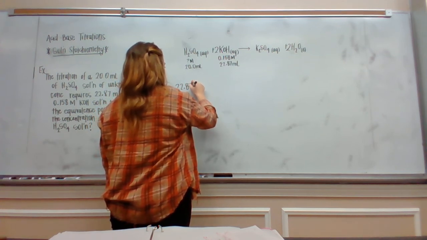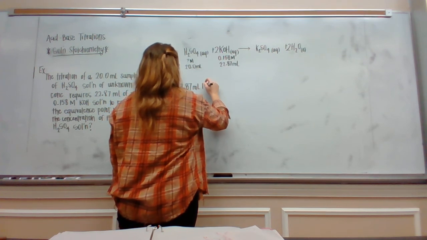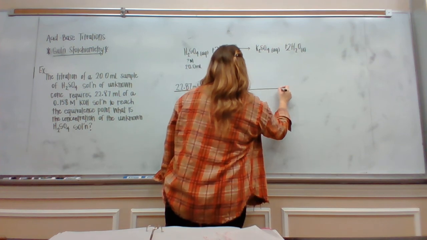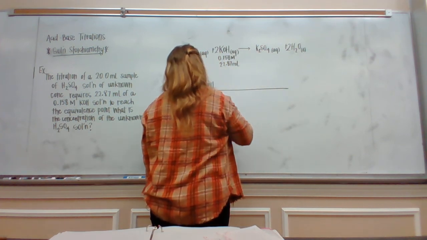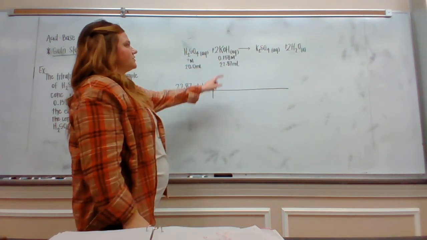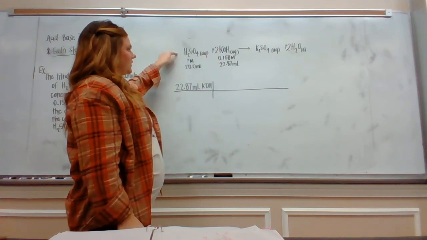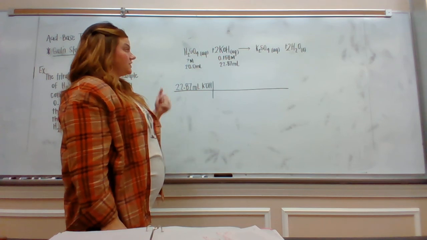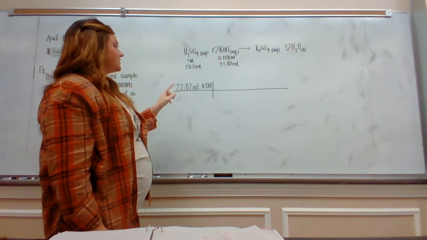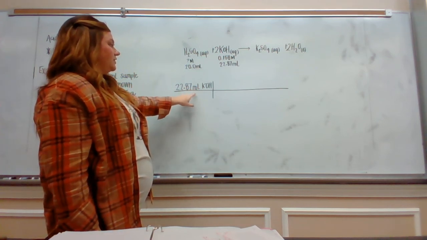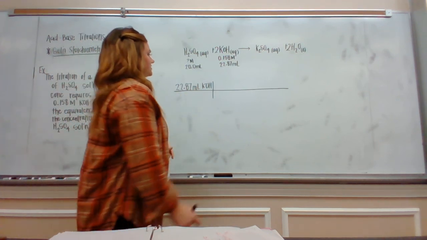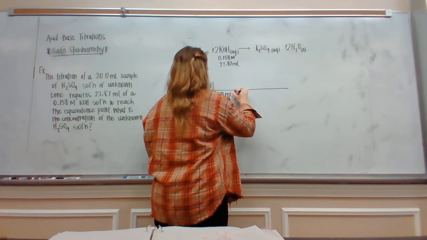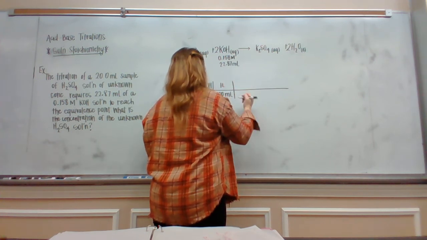22.87 milliliters KOH. I need to convert this to moles of KOH so that I can relate it back to H2SO4. I can do that using the molarity, but this needs to be in what unit? Yeah, so let's go ahead and do that. So 1,000 milliliters, 1 liter.